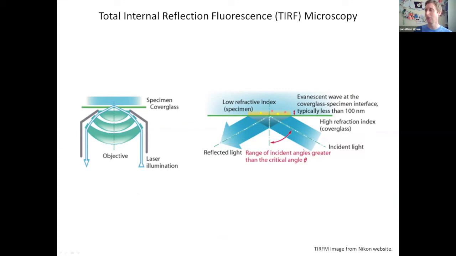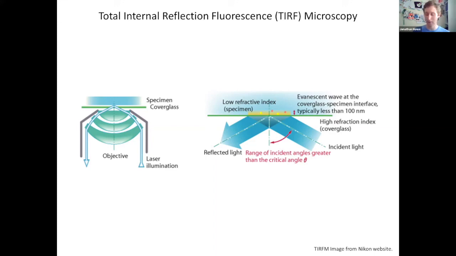If that angle exceeds the so-called critical angle, then total internal reflection occurs, rather than the light passing through the cover glass and being refracted. At the surface where the total internal reflection occurs, an evanescent wave is generated, and this decays very rapidly in Z. So excitation can only occur if the fluorophores are really close to the cover glass, and we're talking about a couple of 100 nanometers at most.